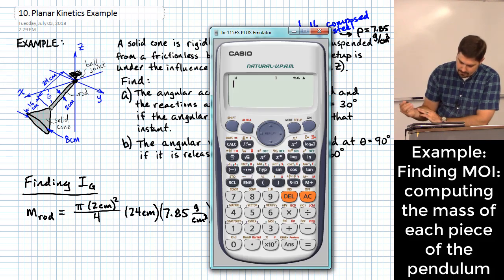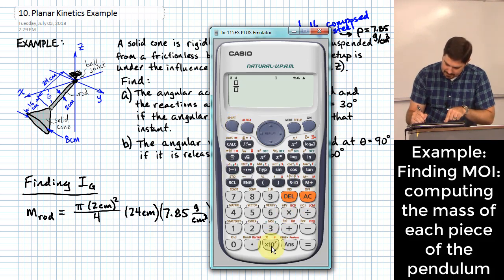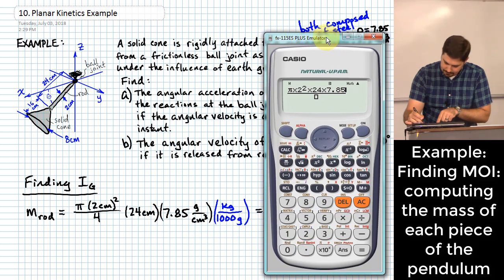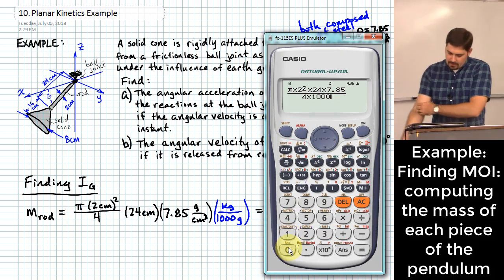So I'll go ahead and get that put in here. Pi times 2 squared times 24 times 7.85 divided by 4 times 1,000. Okay.